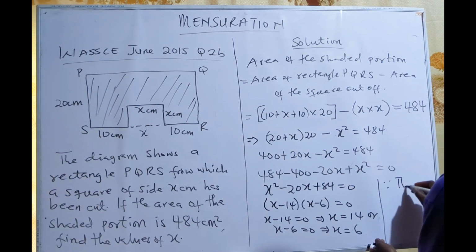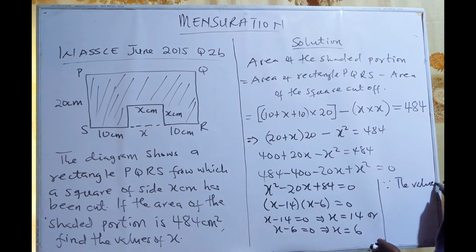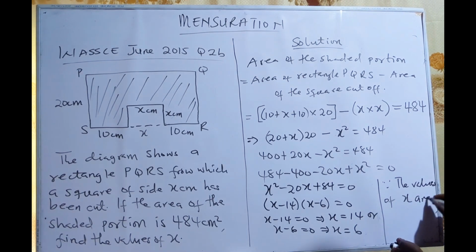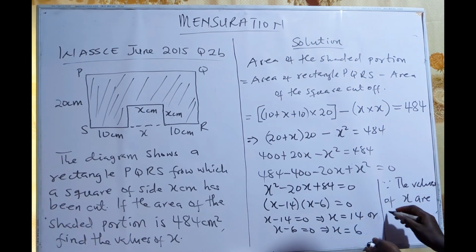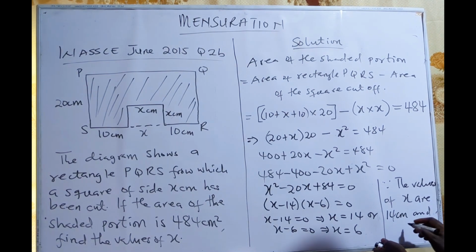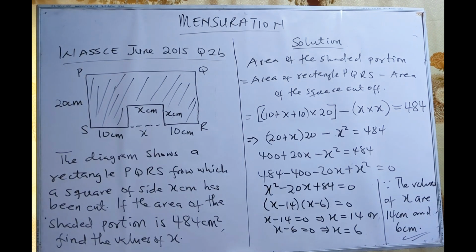Therefore, the values of x are 14 centimeters and 6 centimeters. So x can be 14 or x can be 6 centimeters. I hope this is clear and very simple to understand.